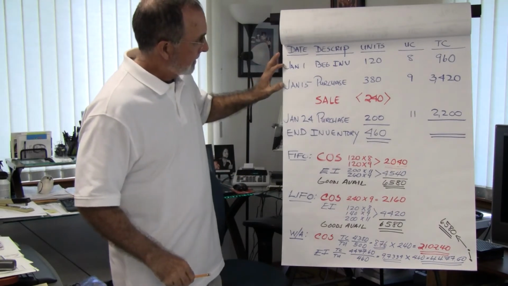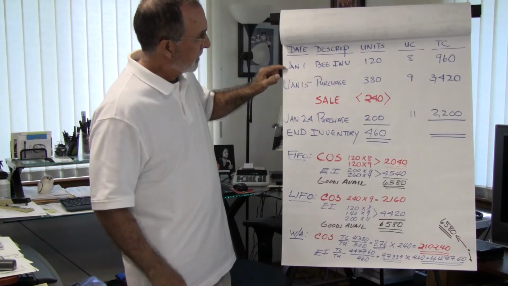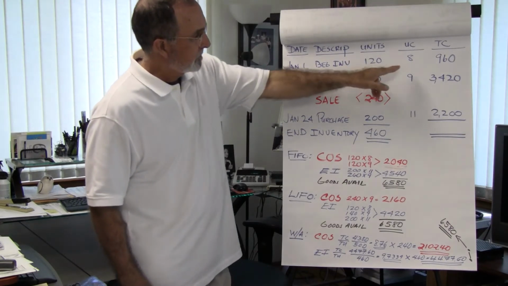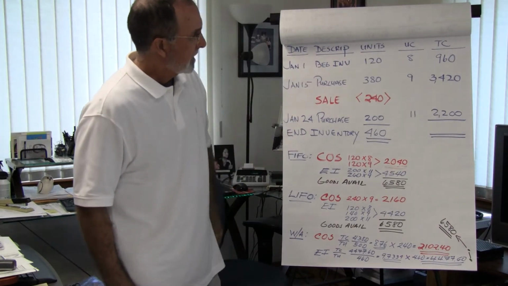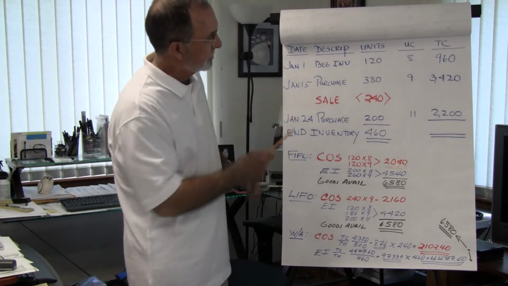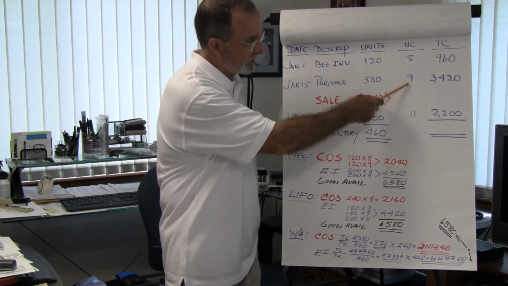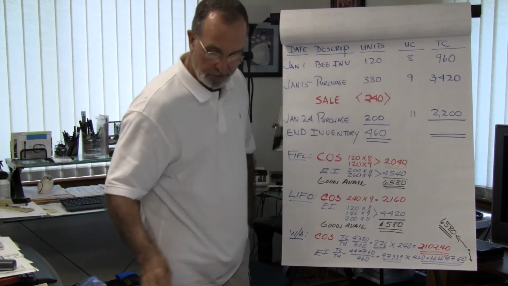So in January here, we started out with our beginning inventory of 120 units at $8 each. And then on January 15th, we had our first purchase of 380 units, and unit cost had moved to $9 each.